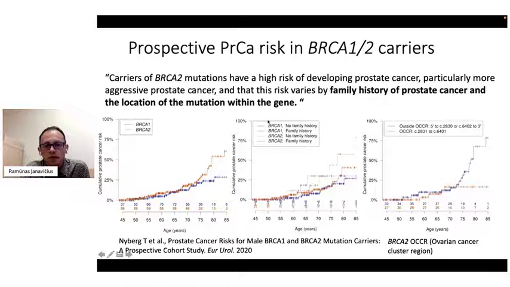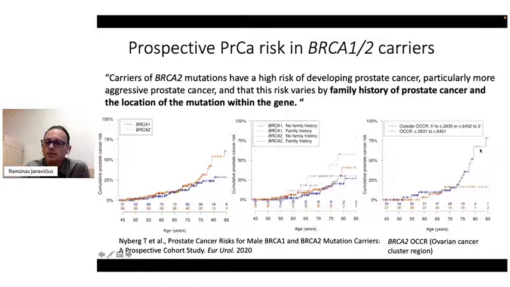And also they found a significant association with family history of prostate cancer, where you have an even higher risk for those patients who have a family history of prostate cancer, as well as for BRCA2.